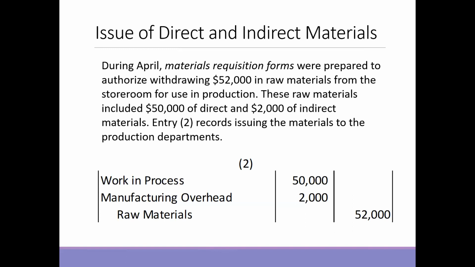So you see the 50,000 of direct materials goes right into work in process. The 2,000 that are indirect materials that really can't be assigned specifically to this job go into that overhead account called manufacturing overhead. And you see the credit is that inventory, raw materials.